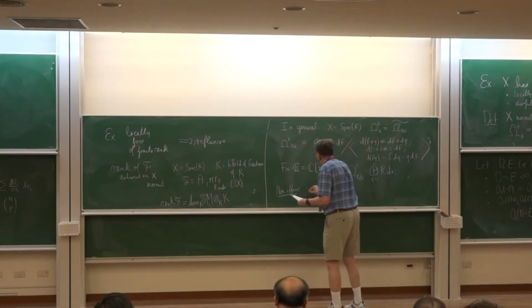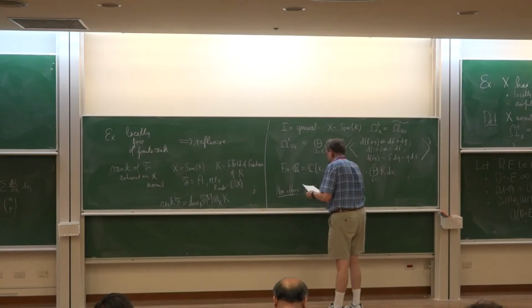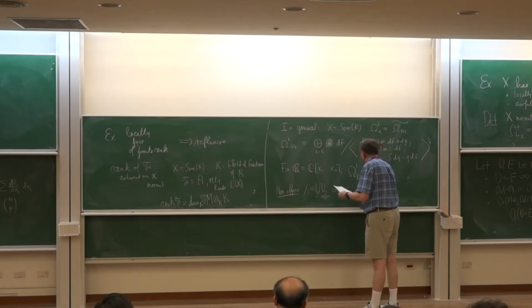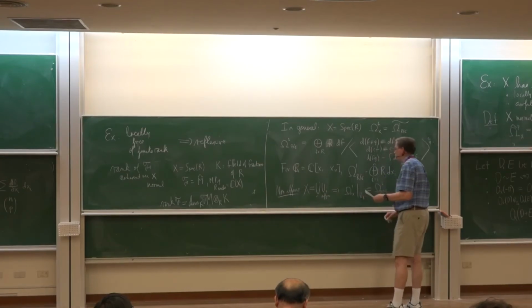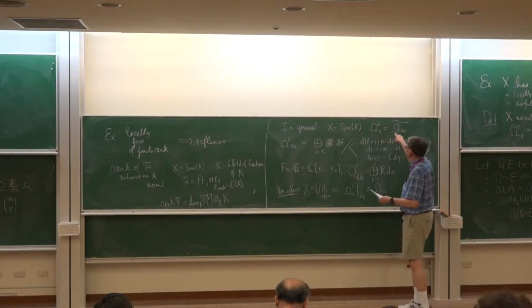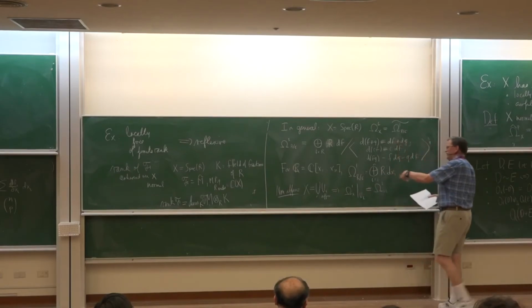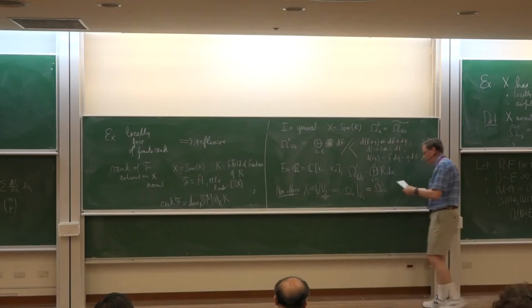And if X is a union of affines, then omega 1 of X restricted to U_i is just going to be omega 1 of U_i. And again, because of the functorial properties of this, it actually patches and I get a nice coherent sheaf of the kind we want.